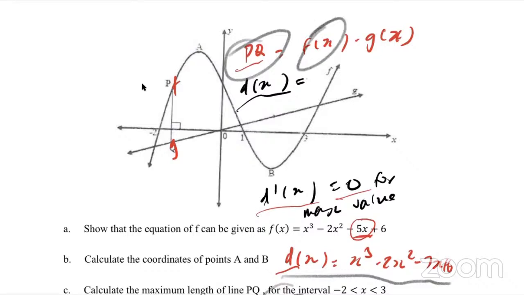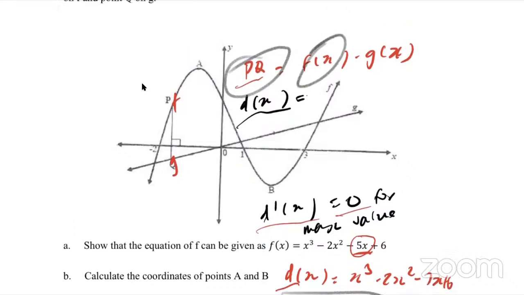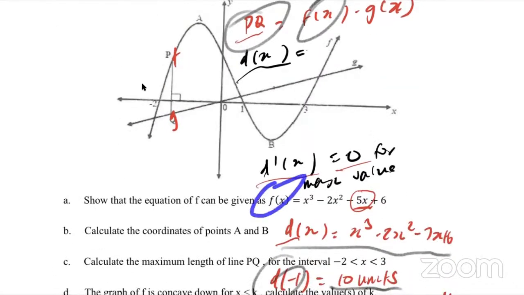Interesting question: if I were to substitute that -1 into the f of x function, what would you be looking for? Would you not be looking for the point at which PQ intersects f of x?